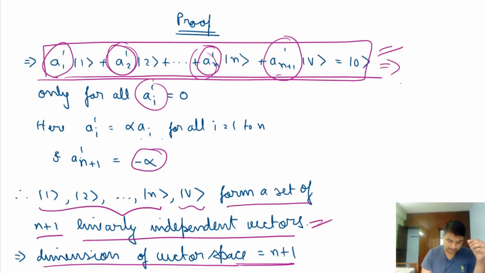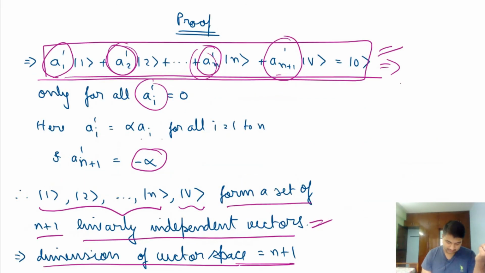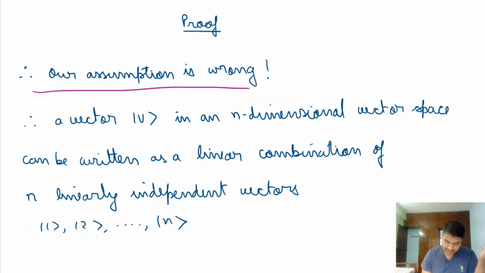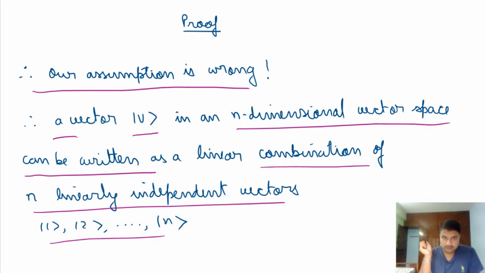So our assumption that we cannot write v as a linear combination of these n linearly independent vectors is wrong, which means that it can be written. Therefore, a vector v in an n-dimensional vector space can indeed be written as a linear combination of n linearly independent vectors. So we have proved the theorem, and the theorem is also straightforward.